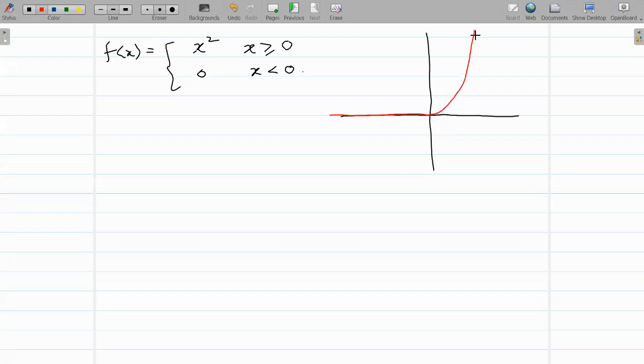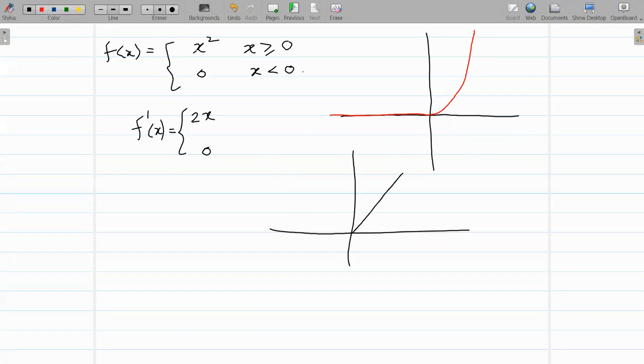So this is differentiable everywhere right now. But if I compute the derivative, it will be something like 2x and 0, f dash x. Its graph is going to be 2x, another straight line, and this is also a straight line. This will be the graph, and so at 0, it will have a problem.